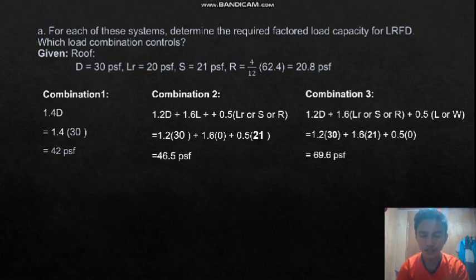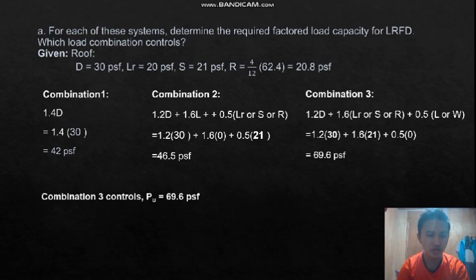We can get 69.6 PSF. Among the combinations, combination 3 is our control, and the required factored load capacity is equal to 69.6 PSF.